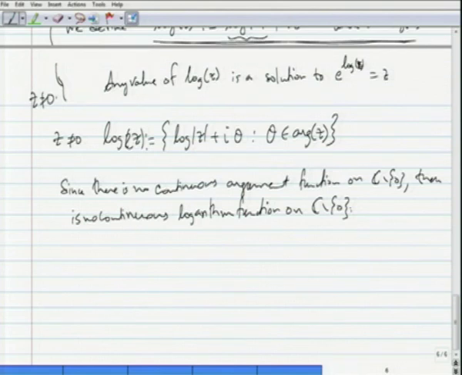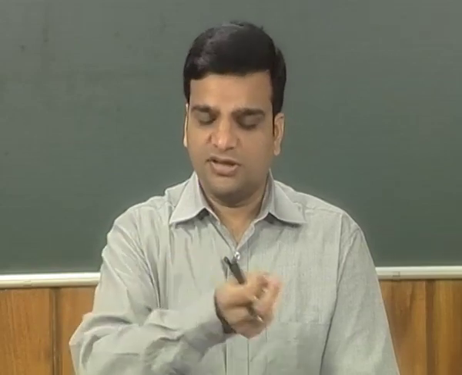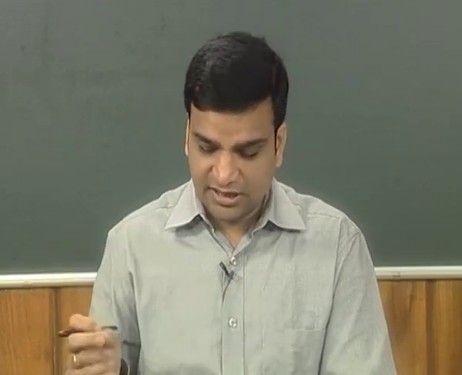So, individually finding a logarithm of a non-zero complex number is not a problem, you just make a choice from this defined set, that works. Or you can say that for a given non-zero z, these are all the possible logarithms. But the problem comes from varying z all across the range of e power z, namely the complex plane minus 0. So, if you start varying z in C minus 0, unfortunately we cannot find a continuous logarithm function.